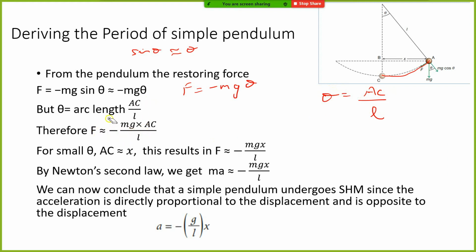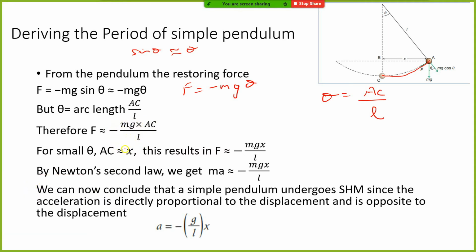We're going to substitute the angular displacement, which is now AC divided by L. So at this point, our force is approximately equal to minus mg times AC divided by L.